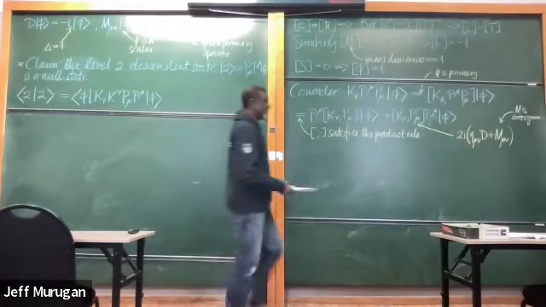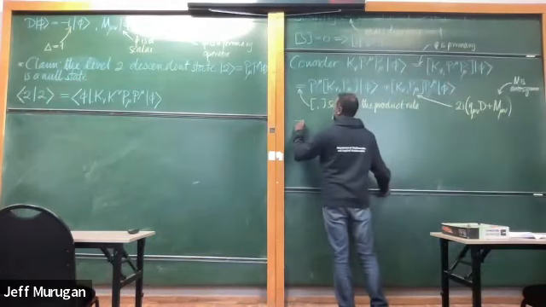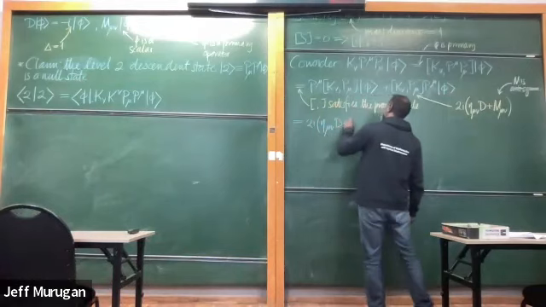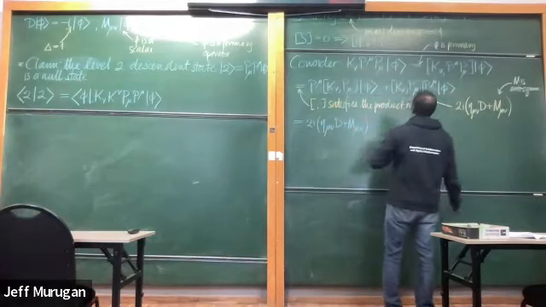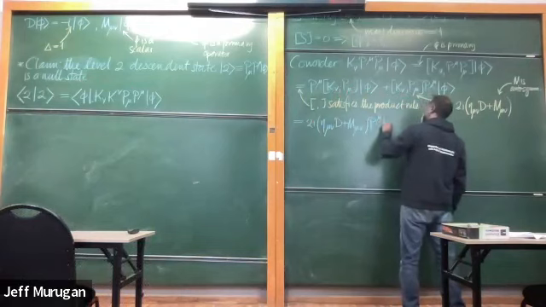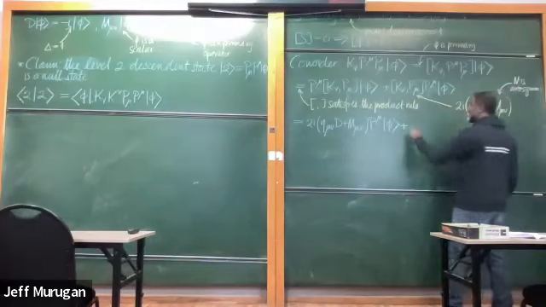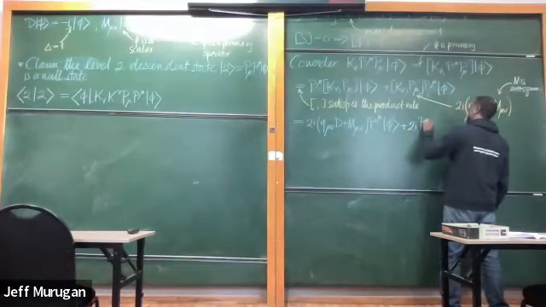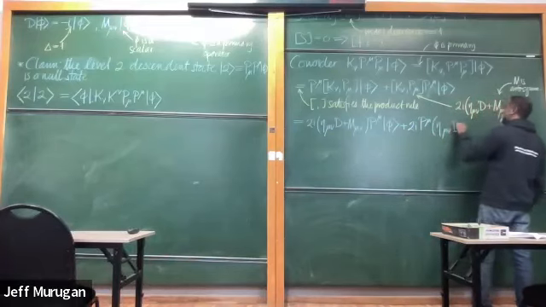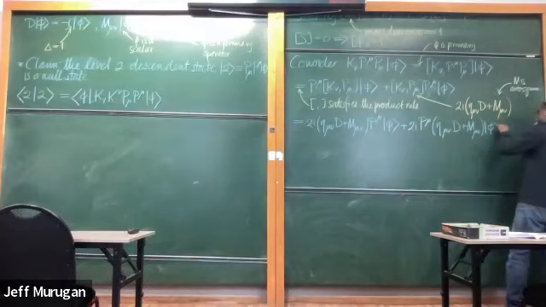So this is equal to 2i eta mu nu D plus M mu nu, that's this guy, P mu on phi, plus 2i P mu times eta mu nu D plus M mu nu acting on phi.